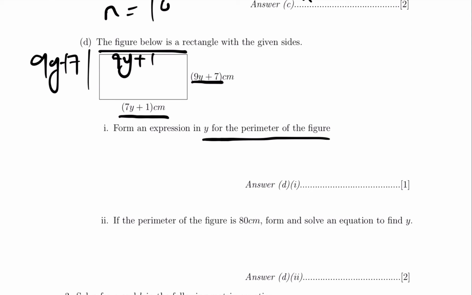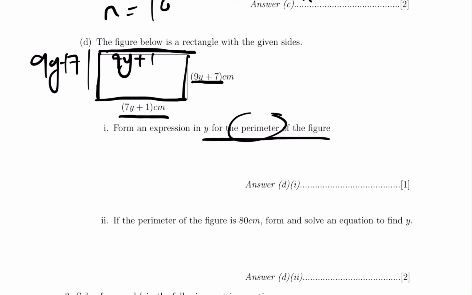If they say we have to express the perimeter, remember that the perimeter is the total length of the shape that we're given. So we'll say this side plus this side plus this side plus this side.